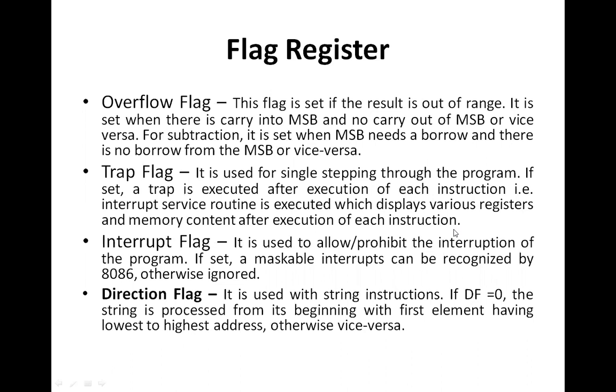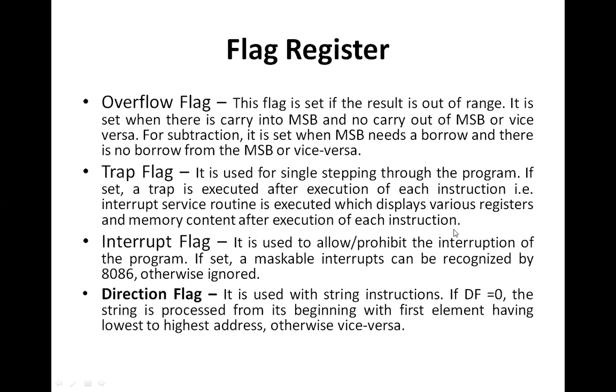The result will be either in the memory or in a register. So after each instruction is executed, the trap service routine will execute and display the content of the result, that is, the register or the memory, wherever the result is. So this is the meaning of trap flag.